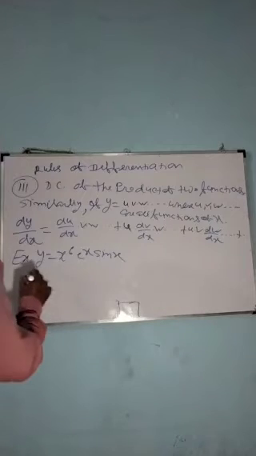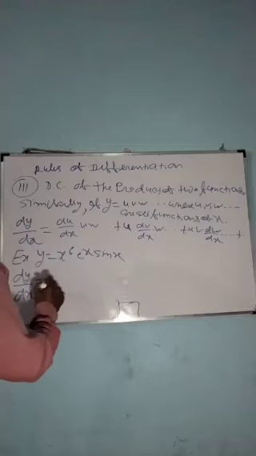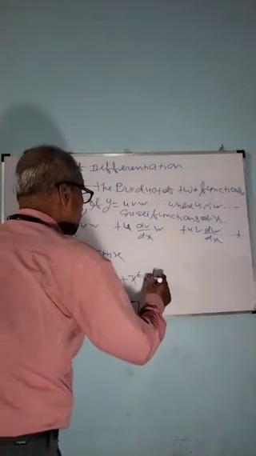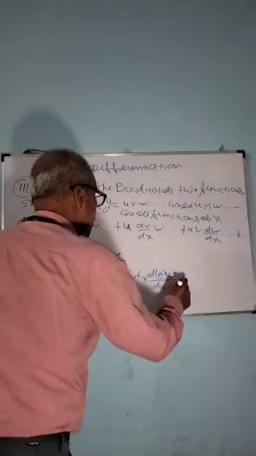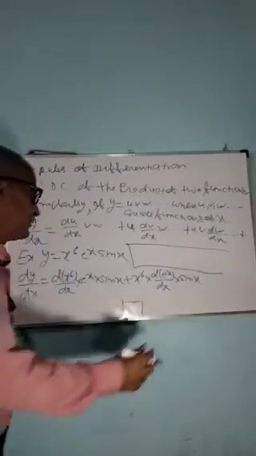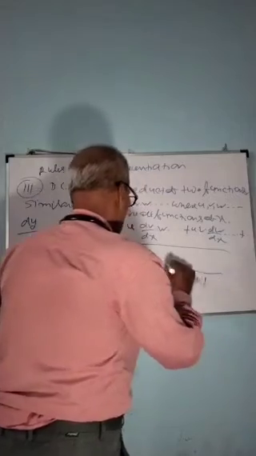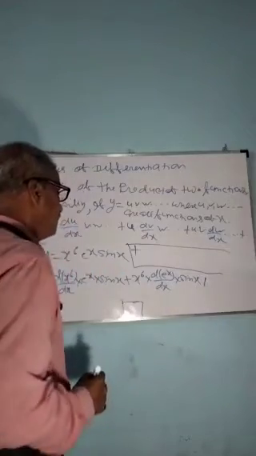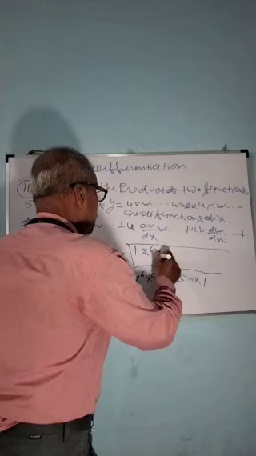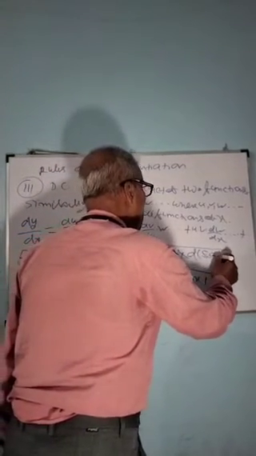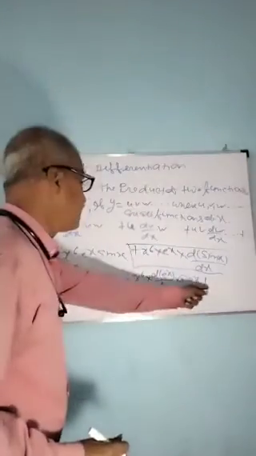Here what we obtain? dy by dx is equal to d x to the power 6 by dx into e^x into sin x plus x to the power 6 into d e^x by dx into sin x plus x to the power 6 into e^x into d sin x by dx. I have written next step here, see.